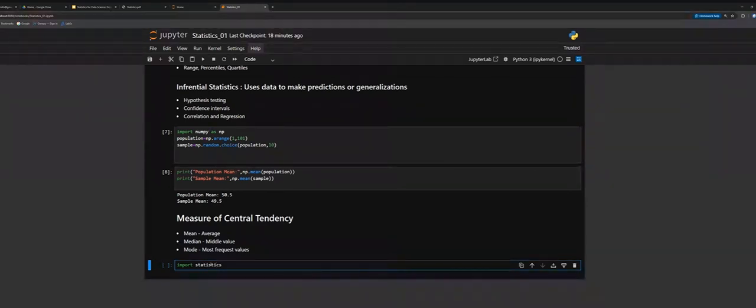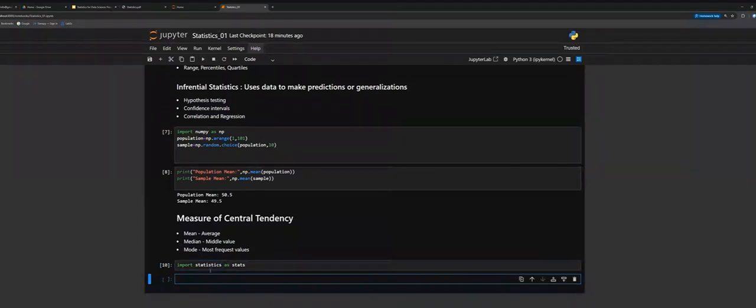Import statistics as stats, short form. These libraries, statistics and numpy, are all included in Python, so you don't have to install them. Anytime you get a message stating that a library is not found, then you have to install it. How do you install? You say pip install with the name of the library.